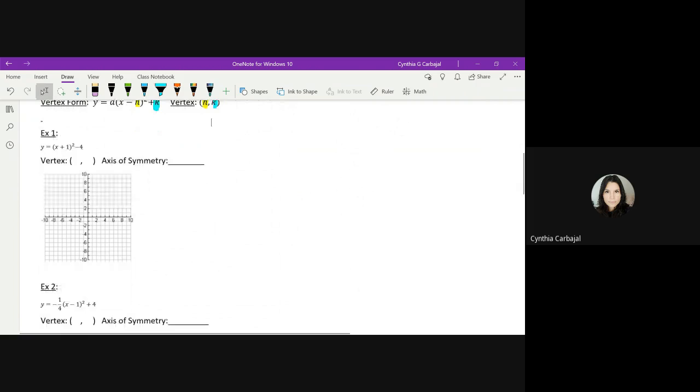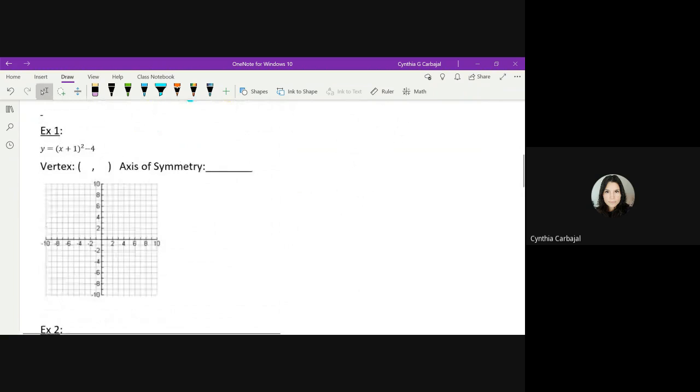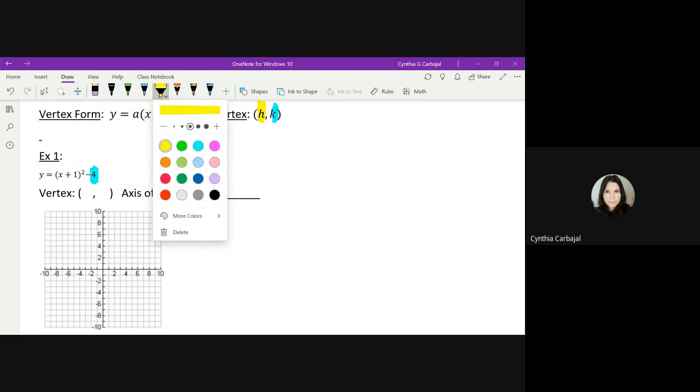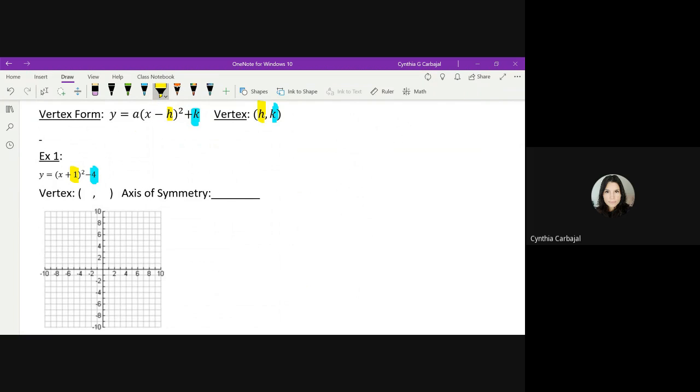So here's example 1. Our vertex, remember, the x value comes from inside the parentheses. And now careful though, because it's always the opposite sign.